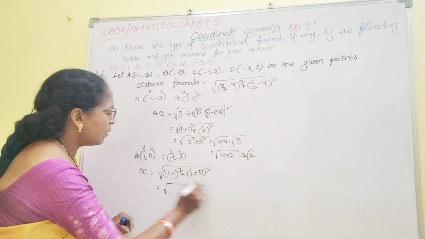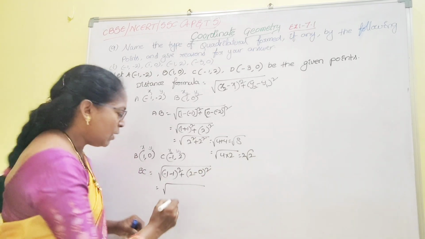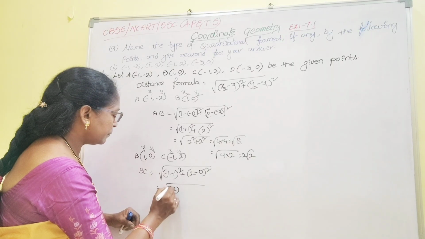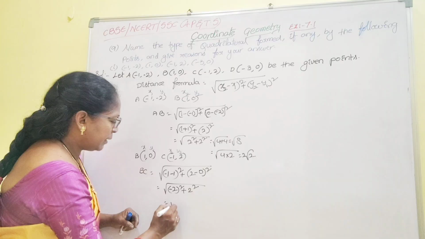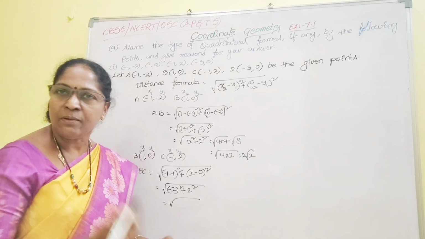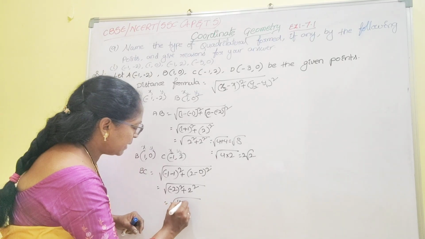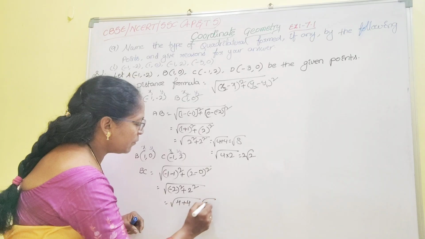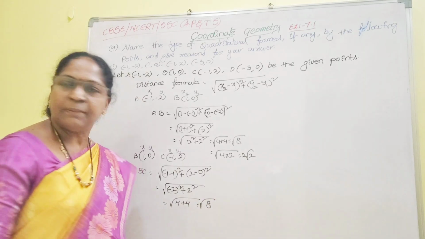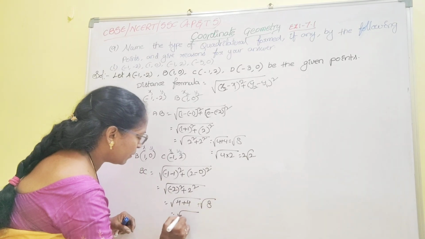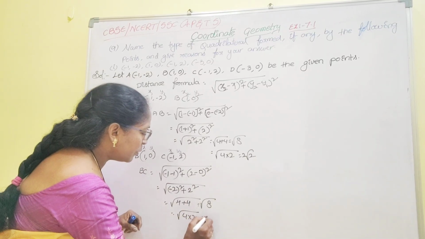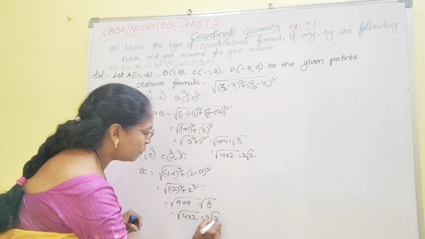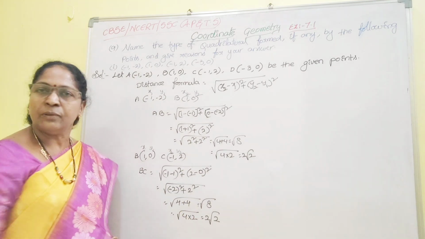So square root of minus 2 whole square plus 2 square. That equals 4 plus 4. That equals square root of 8, and 8 can be written as square root of 4 into 2. Square root of 4 equals 2, so 2 root 2. Value equals 2 root 2.